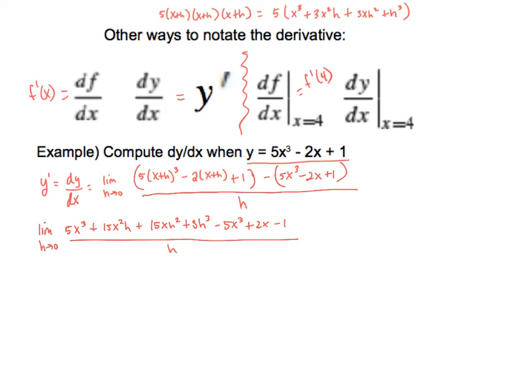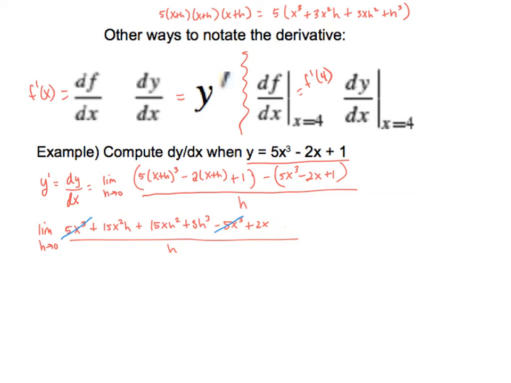The non-h terms, 5x cubed minus 5x cubed. Oh, I made a mistake, you guys. Let me backtrack. What I forgot to write in there, I got so busy with the 5 times x plus h cubed part, I forgot about the minus 2 quantity x plus h and the plus 1.